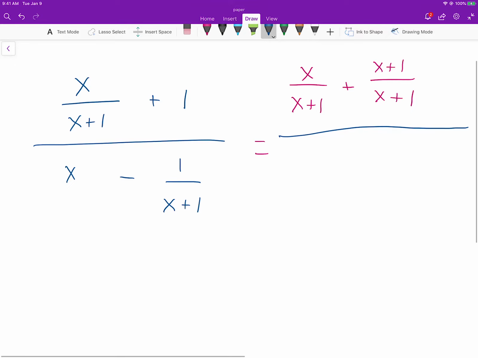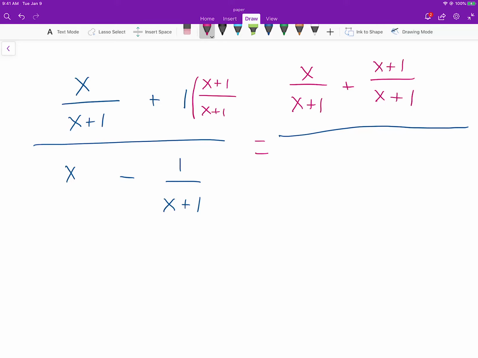So now for my denominator, if I want to subtract fractions, I need common denominators. I'm going to even write that over here. I'm just calling this x plus 1 over x plus 1. Same idea here. I need to have common denominators, so I'm going to make my common denominator x plus 1 over x plus 1.